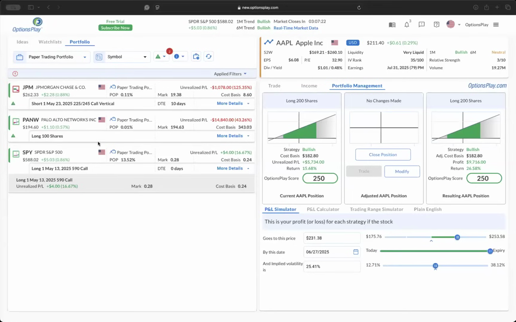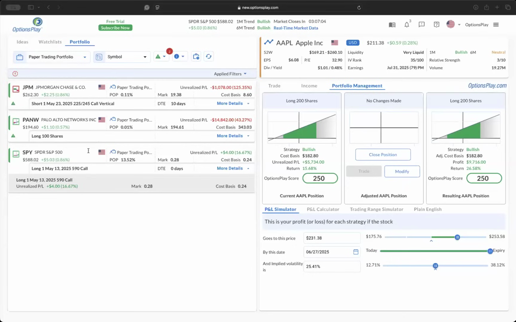So putting a limit and a stop order on a credit spread or a debit spread, something you can't do on all platforms. It's an incredibly powerful feature that I use all the time, and that's why I continue to use Thinkorswim.